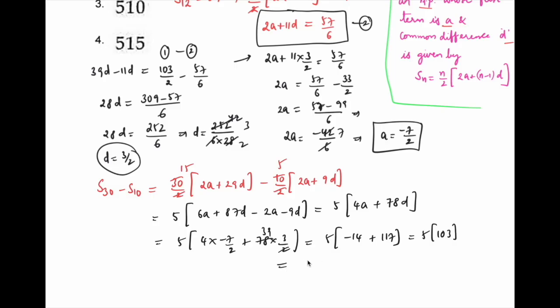So 103 5 times, we'll get 515. So the answer is 515, which is option 4.